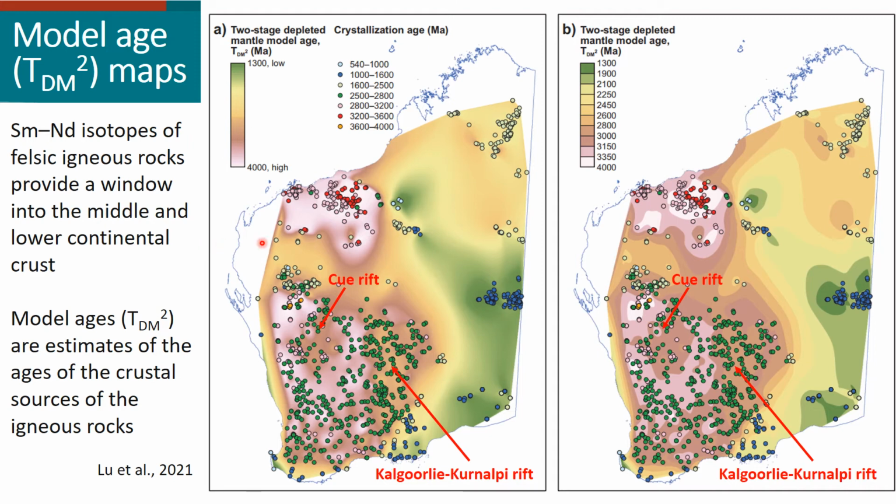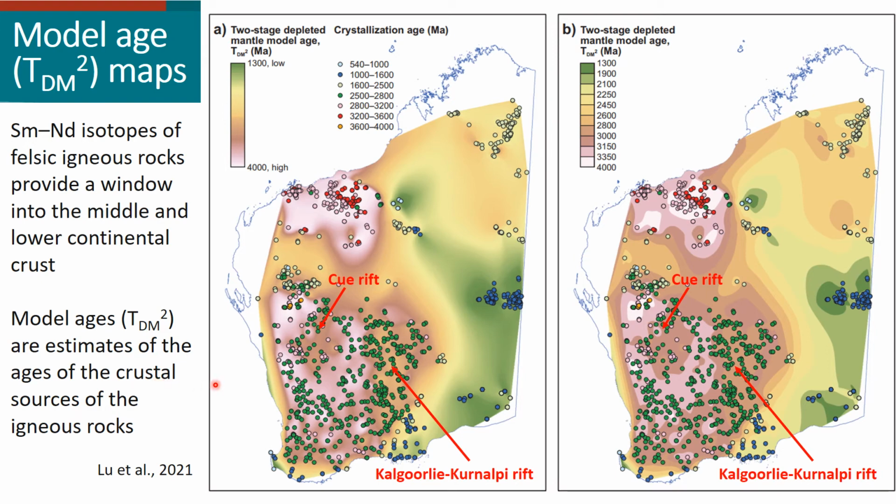The neodymium isotope maps of Western Australia are based on whole rock samarium-neodymium data from felsic igneous rocks, which provide a window into the middle and lower continental crust. Here is the two-stage depleted mantle model age map, that is TDM2, which provides estimates of the age of the crustal source of the igneous rocks.